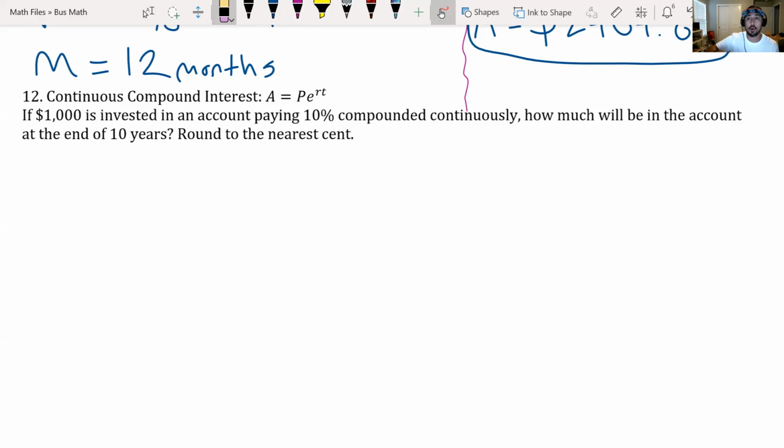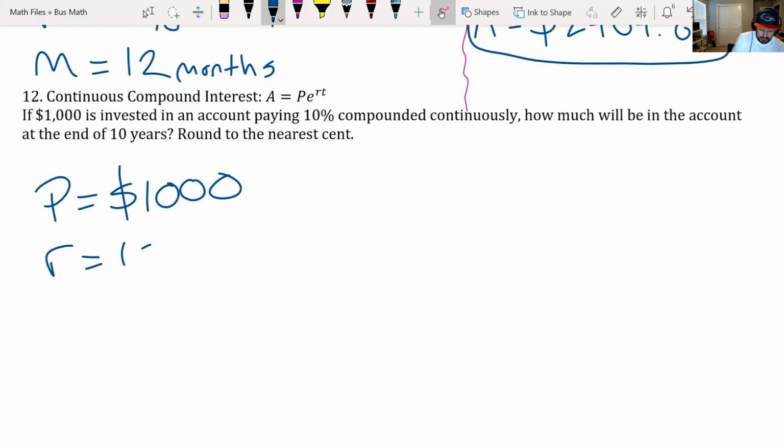Okay. Just like the one above, for PERT, A is the final amount, P is the beginning amount, R is the rate, and T is time in years. So with that being said, label everything. We are investing $1,000. So again, that is my beginning amount. We are getting a rate of 10%. So that is 0.1.